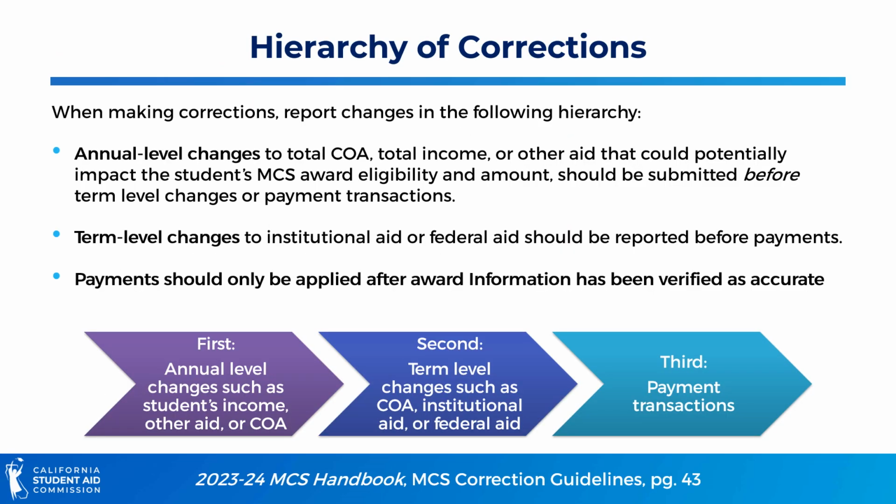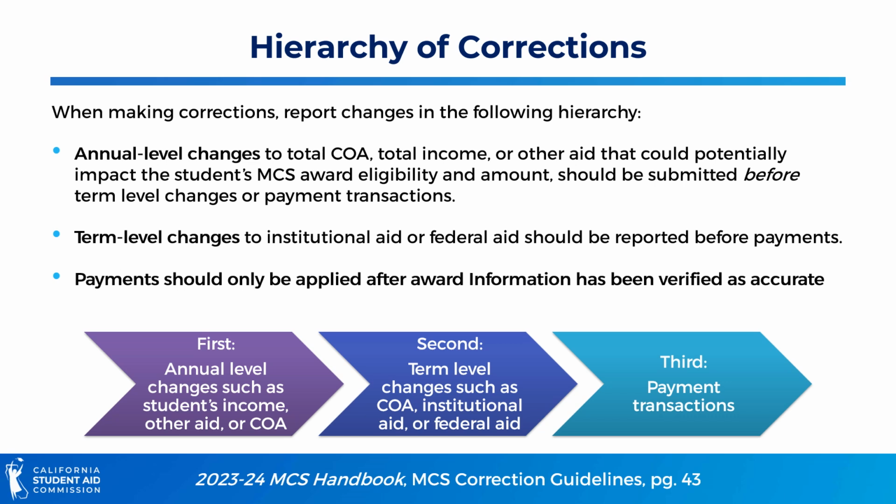When a student has been awarded MCS, but new information becomes available that may affect their eligibility or their award amount, the campus must follow the correction process to have CSAC recalculate the student's MCS award. When reporting changes, you should report your changes in the following hierarchy.